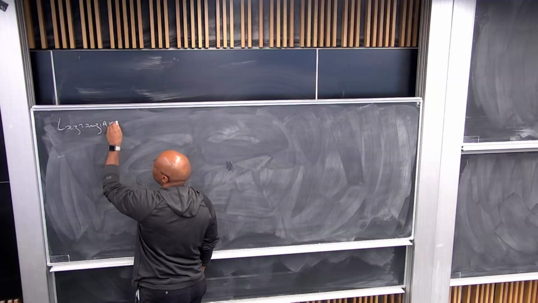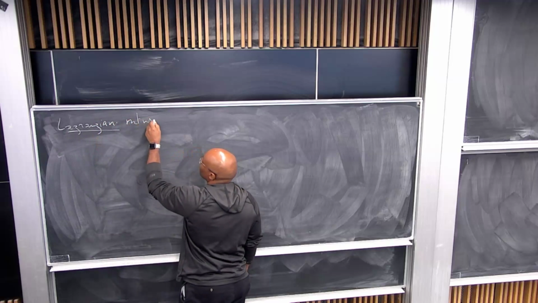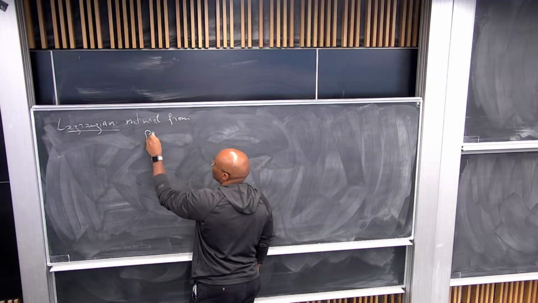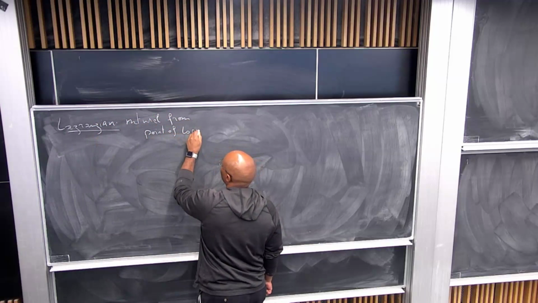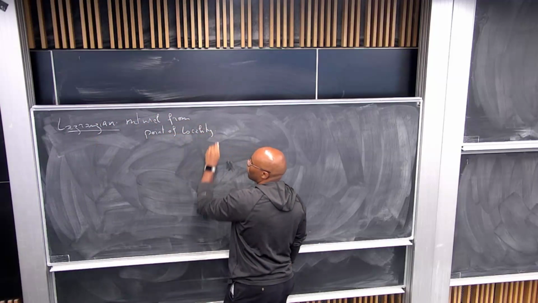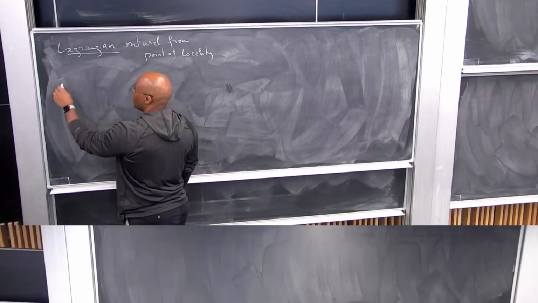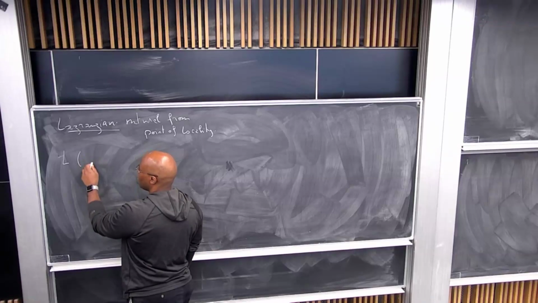And the Lagrangian basically is natural from the point of view of locality. Okay, and as we started to discuss last time, it's some functional that depends on the position x.